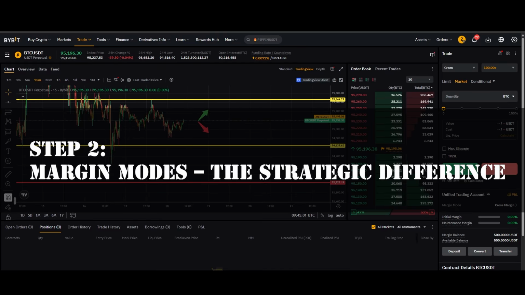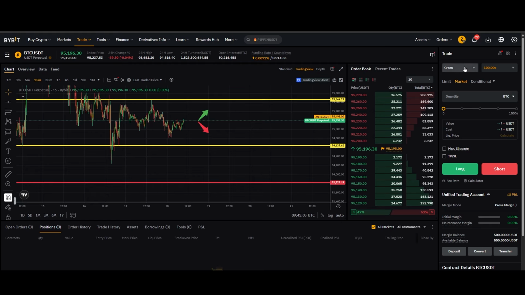Margin mode. At the top of the screen, you'll see Isolated and Cross. Isolated mode means only the money you put into that trade is at risk. For example, if you enter with $1,000, the maximum you can lose is that $1,000. The rest of your balance is untouched. Cross mode is different.